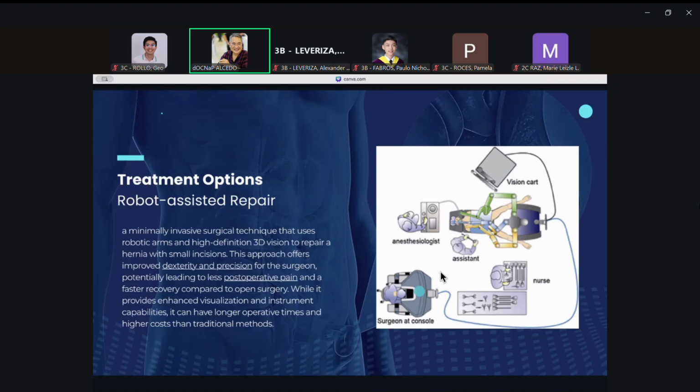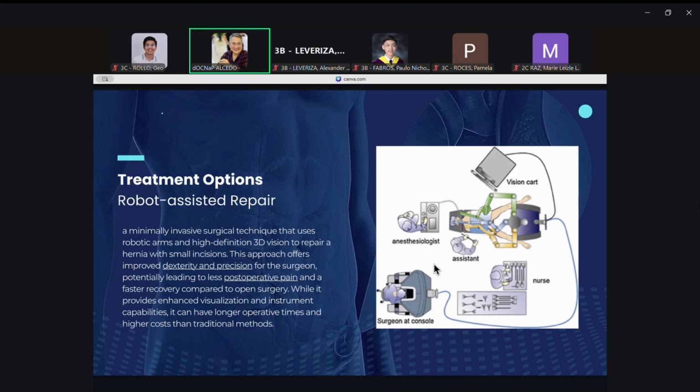No? But of course, this is only available in some select centers, and it is very expensive. Now, initially, a few years ago, to perform a robotic surgery would cost a patient more than 1,000,000 pesos. But now, there are a lot of, kasi ng original yan, Da Vinci, no? Da Vinci robot.